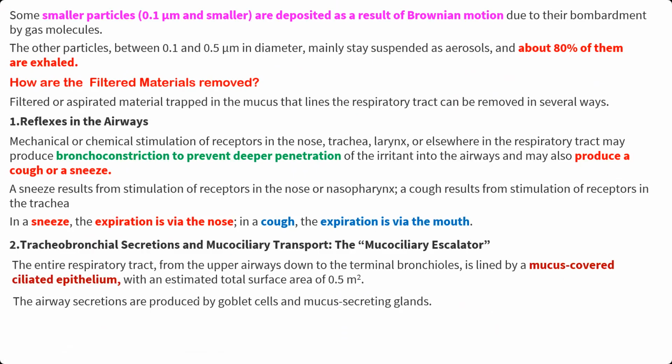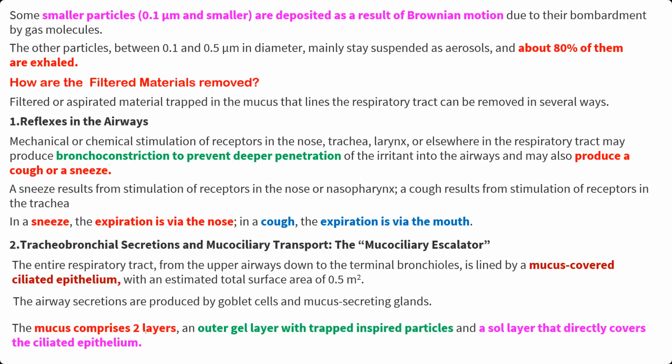The mucus is produced by the goblet cells and mucus-secreting glands which line the epithelium. And this mucus has two layers. One is the outer gel layer, which traps the inspired particles, and there is a sol or liquid layer, which is below this gel layer, directly in contact with the ciliated epithelium.